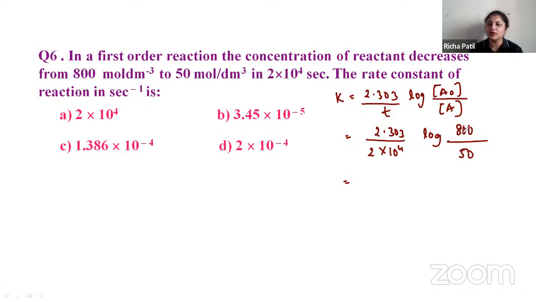Solve it. Take log. So 800 divided by 50. Then whatever you get, take log of that. And then you have to multiply it with this divided product. The answer you get is C.